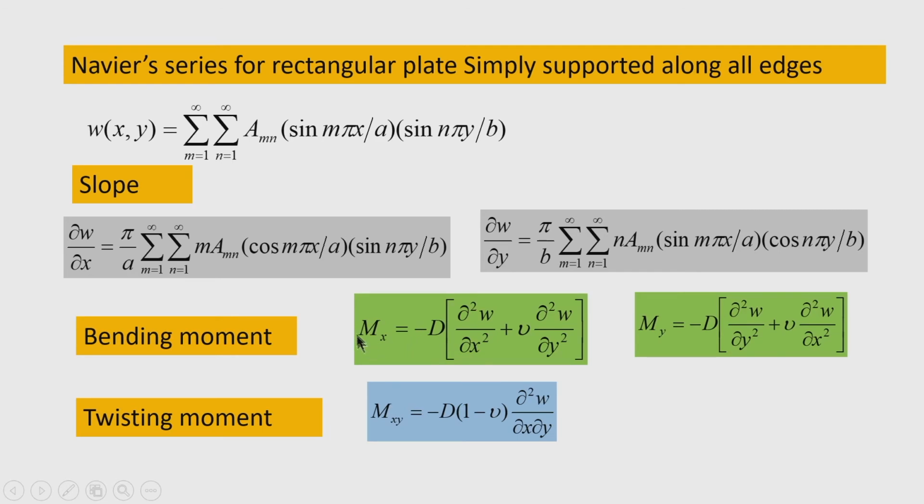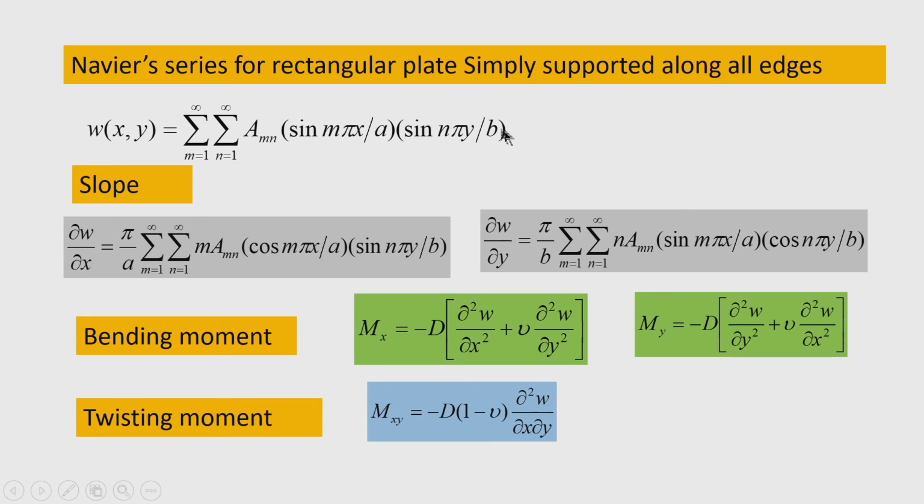So we write the bending moment expression as m x equal to minus D times del square W by del x square plus mu into del square W by del y square. Similarly, m y equal to minus D times del square W by del y square plus mu into del square W by del x square. Twisting moment is calculated by the cross derivative del square W by del x del y.